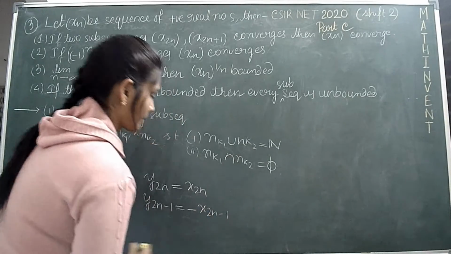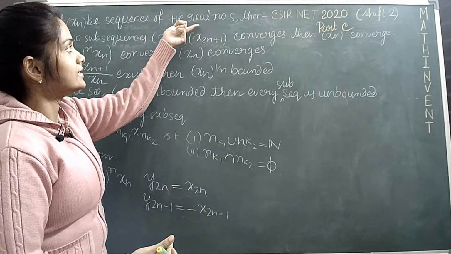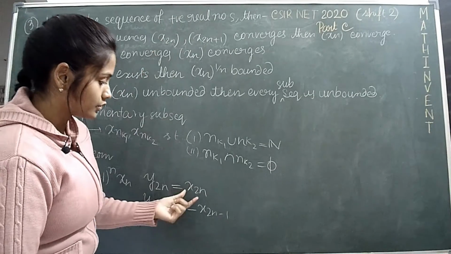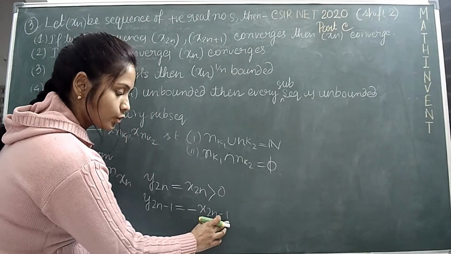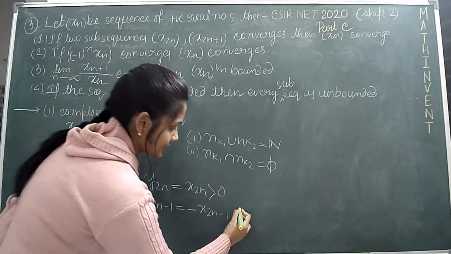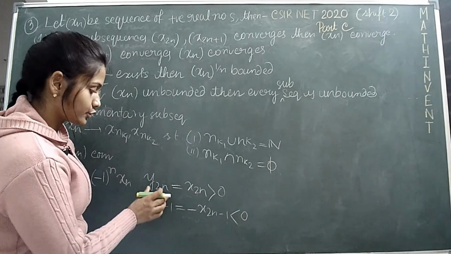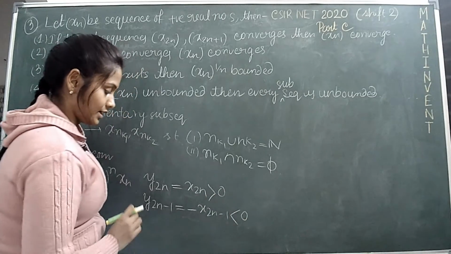Now what is given here? This xn is a sequence of positive real numbers. So this is a positive term, greater than 0. x2n minus 1 is a positive term and there is a minus before it, so it is a negative term. So y2n is positive and y2n minus 1 negative.